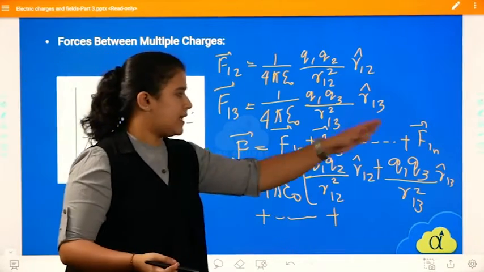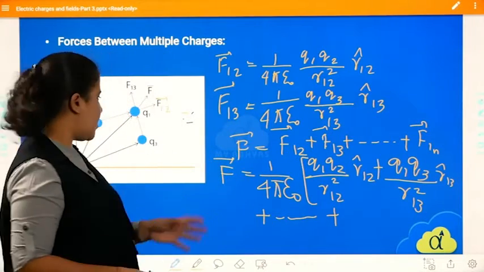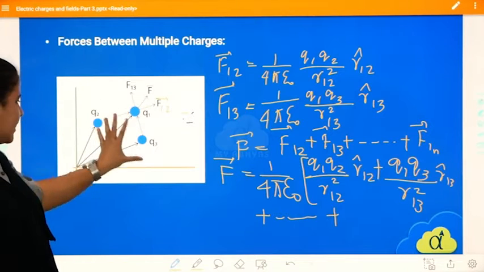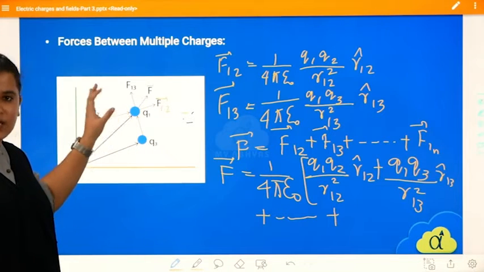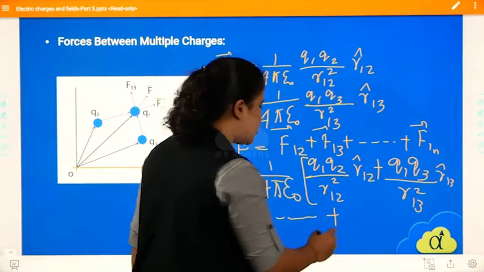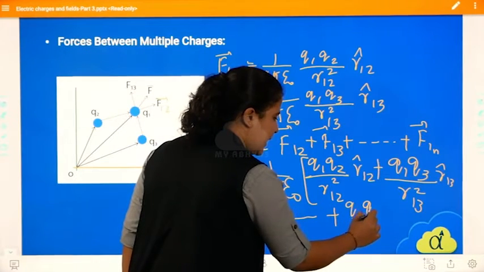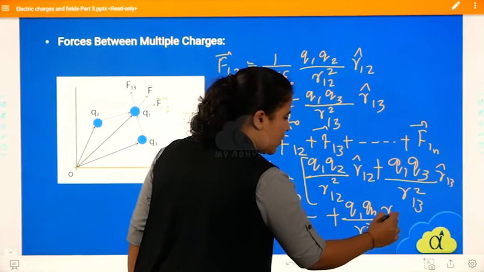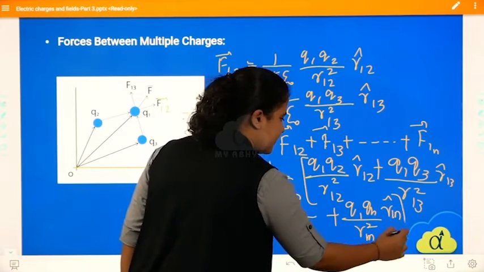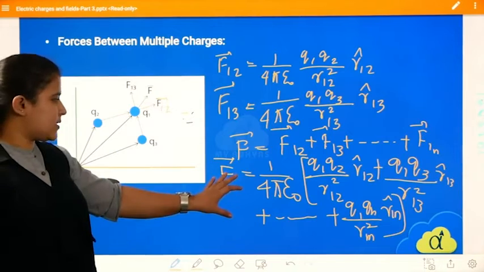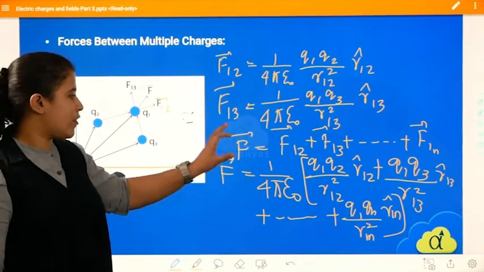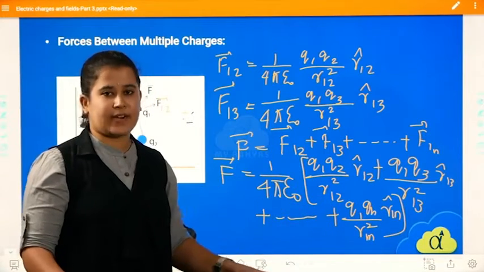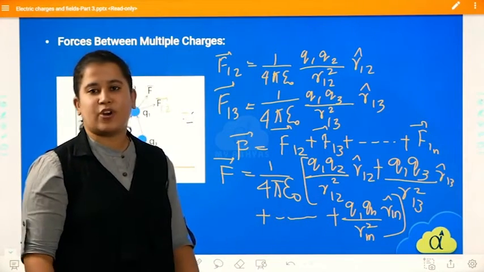Obviously in the last case also Q1 will be constant, because we are taking the charge Q1 here. As we are taking the charge Q1, all the charges are exerting force on that Q1. Clear? So that happens to be Q1 Qn divided by R1n square into R1n cap. From this I can say that the last factor is nothing but an n factor where I can replace any number of charges.